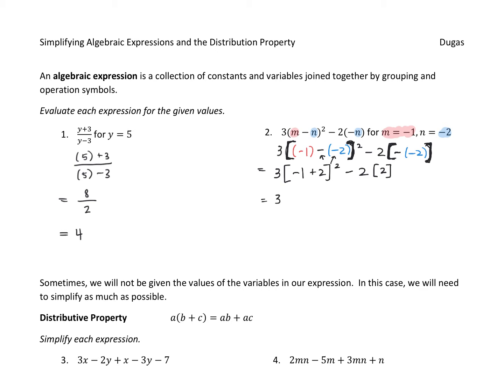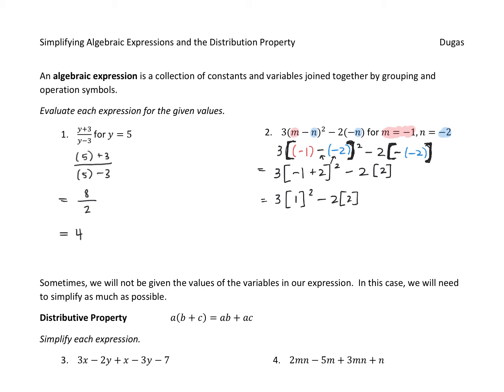So within the first set of square brackets, we have -1 plus 2. Those are different signs, so we would subtract the numbers, and then keep the sign of the biggest. So 2 is larger than 1, so the answer will be positive. So it'll be 1 squared minus 2 times 2.